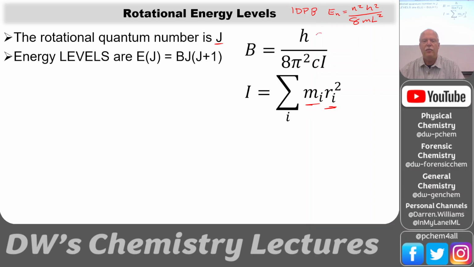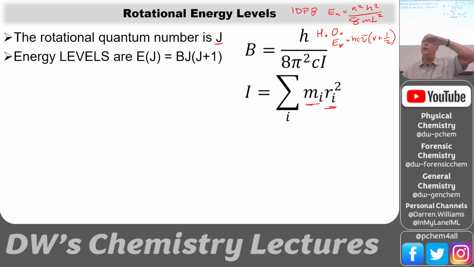We have the vibration or harmonic oscillator energy, with respect to V, the quantum number, equal to hc nu times V plus 1/2. So very simple equations. These are all the energy equations.